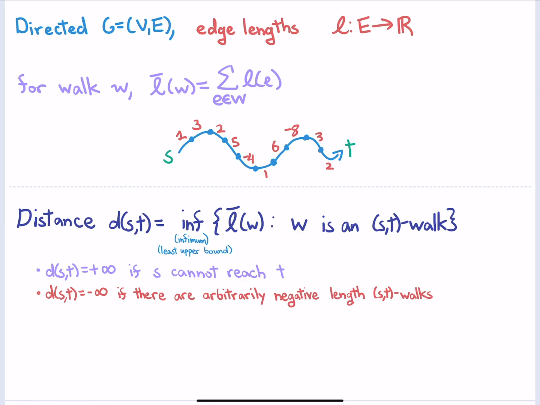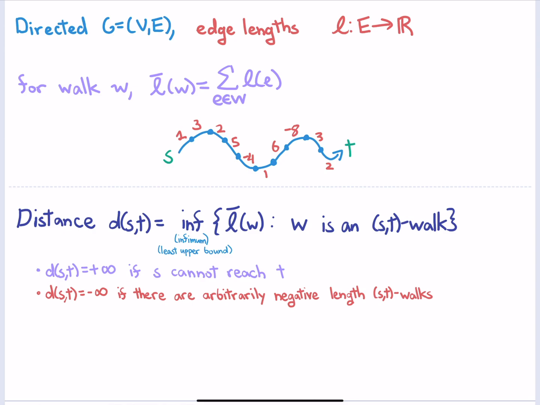Maybe it's possible to have arbitrarily negative walks from S to T. Like maybe negative 100 is possible, negative 200 is possible. It can be arbitrarily negative. Oh, it should be greatest lower bound, not least upper bound. Anyway, the infimum would be negative infinity.